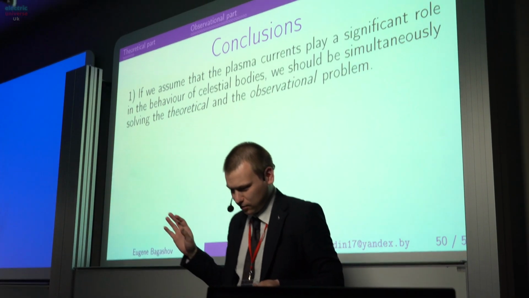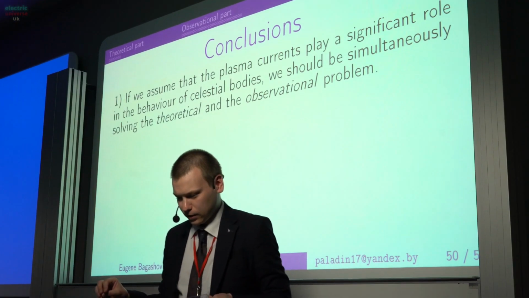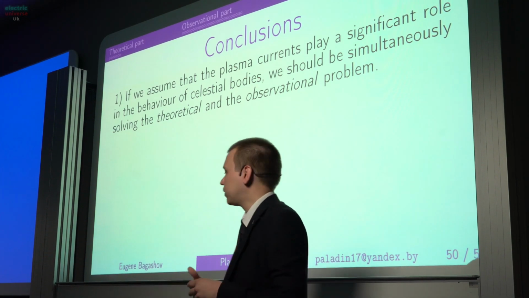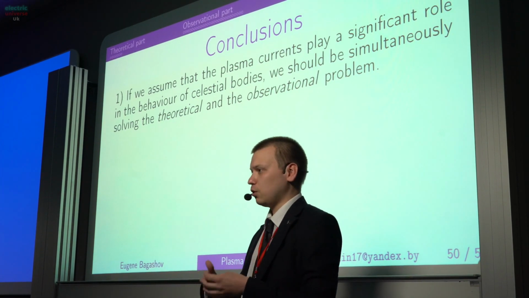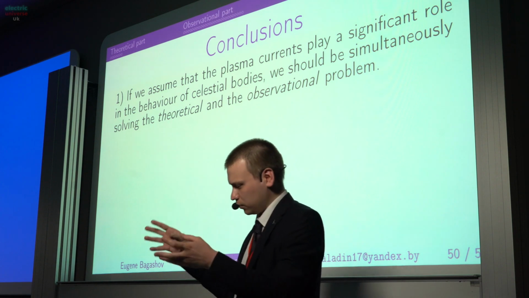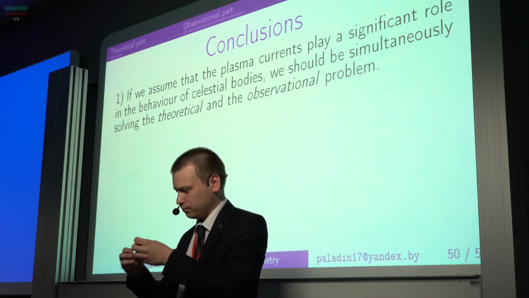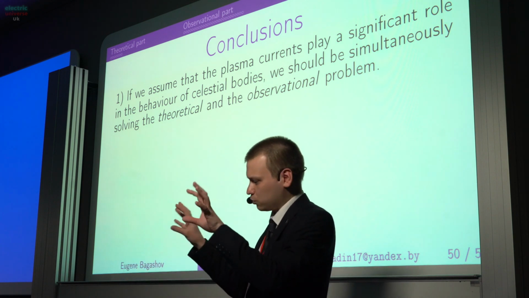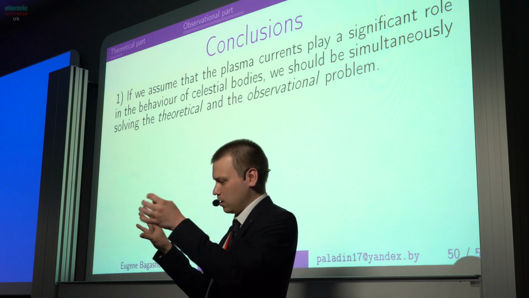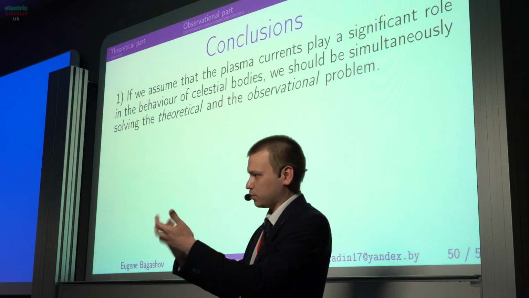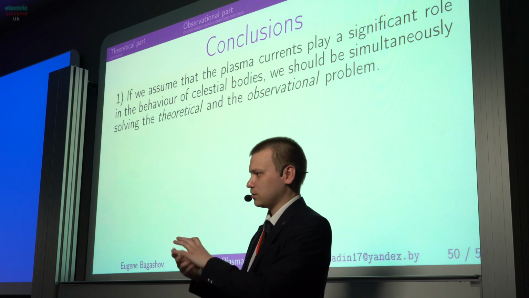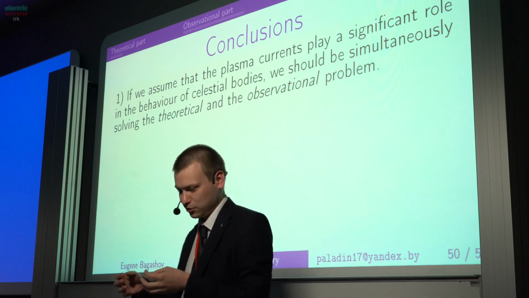Okay, so to conclude this talk, I'll just briefly mention what I've talked about. If we assume that the plasma currents play a significant role in the behavior of the interstellar environment of stars, planets, etc., we have to simultaneously solve two problems. The theoretical problem: we have to derive from first principles how plasma should behave, or we have to adjust our principles if we see that it doesn't behave as it should.